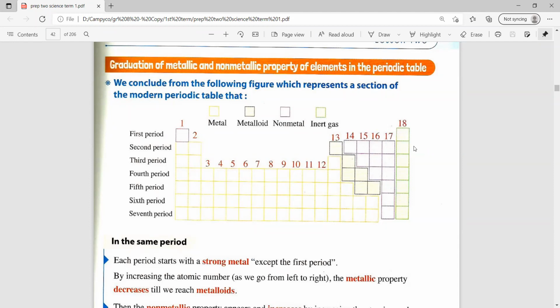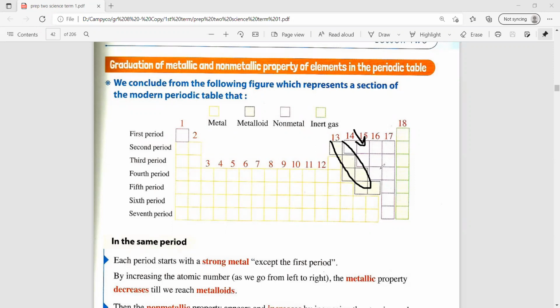When we move from left to right, what happens to the metallic property? It gets weaker. Yes, that's right. So it decreases until we reach a specific group number. What is this one called? Metalloids. Excellent. Then which property will appear here? Non-metal. Yes, excellent.